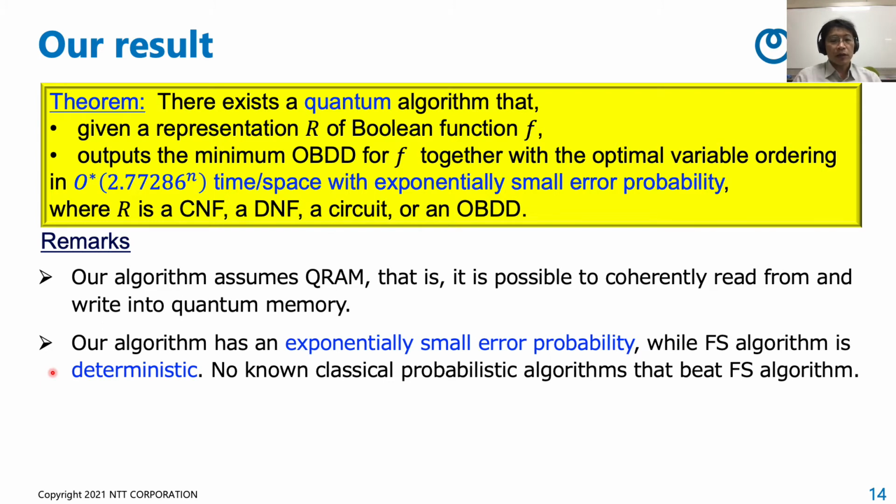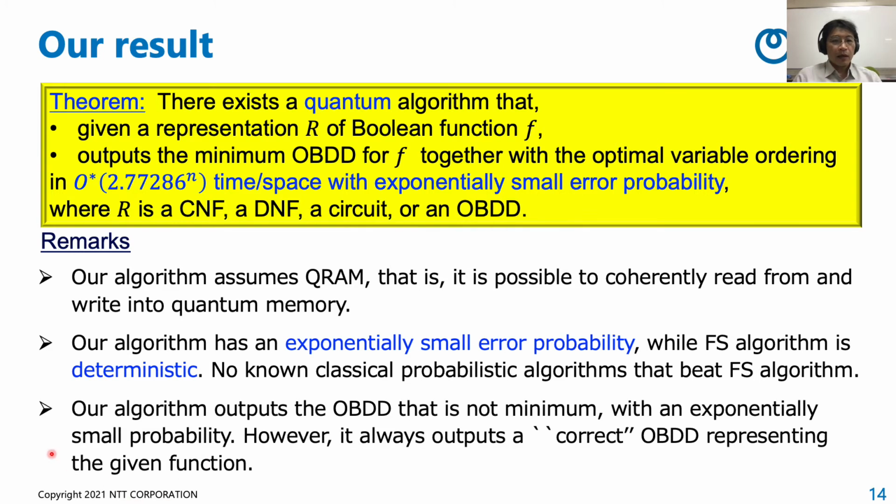So this seems a bit unfair, but there are no classical probabilistic algorithms that beat the FS algorithm. Third, our algorithm outputs an OBDD that is not minimum with exponentially small probability. However, it always outputs a correct OBDD representing the given function.